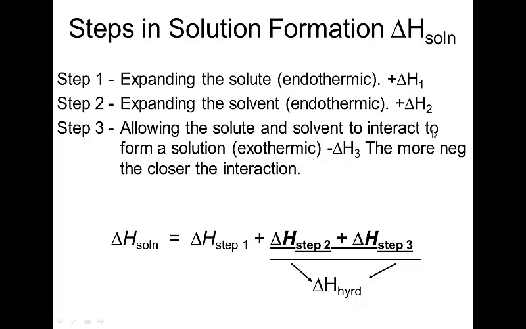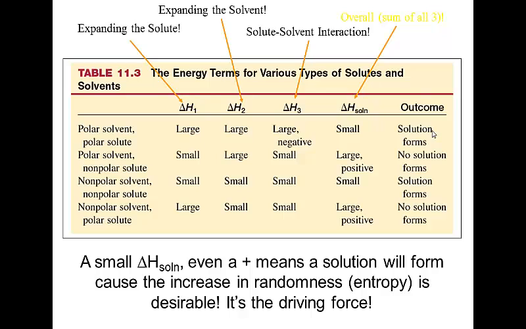Step 1 is the expanding of the solute, prepping the solute. Step 2 is expanding the solvent, prepping the water. Step 3 is bringing them together. Steps 2 and 3 they categorize as the enthalpy change of hydration, prepping your solvent and then bringing it together. That's just a definition. All right, this is the handout I am going to give you when we discuss this in class.